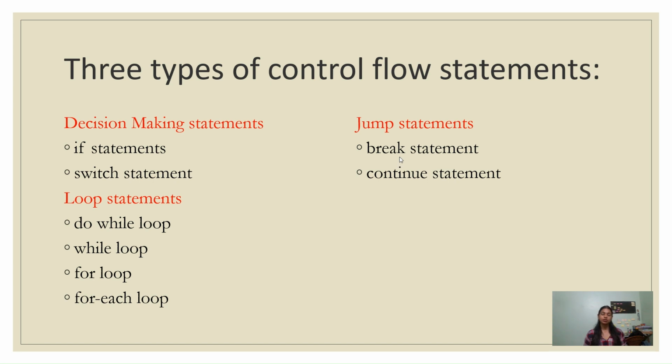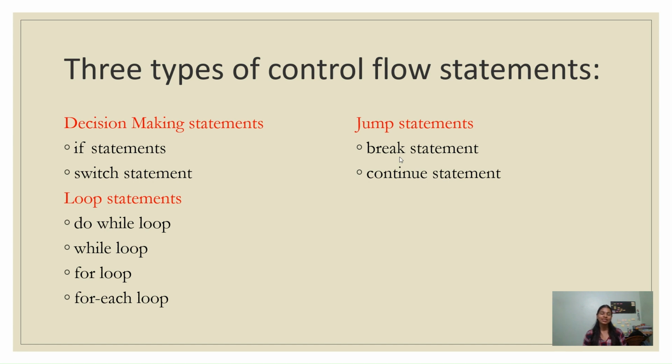Now, what is a jumping statement? To understand this, let's extend our same example and say that only 10 students are allowed to sit in one classroom. So, the student with roll number 4 is absent. How are students going to sit in the class? Roll number 1, 2, 3. The student with roll number 4's bench is going to be empty, and 5, 6, 7, 8, 9, and 10. Why is this happening? Because we have used a continue statement.